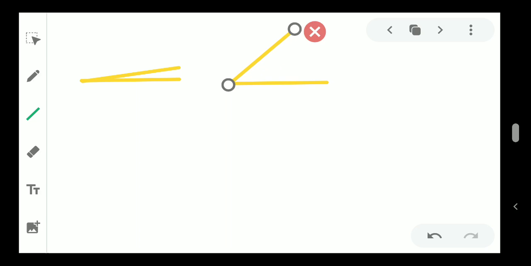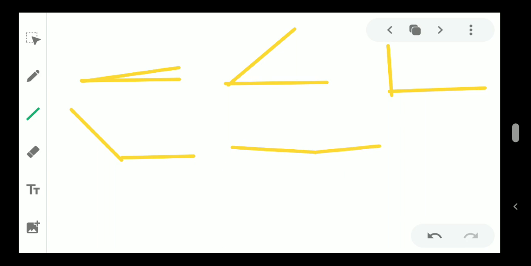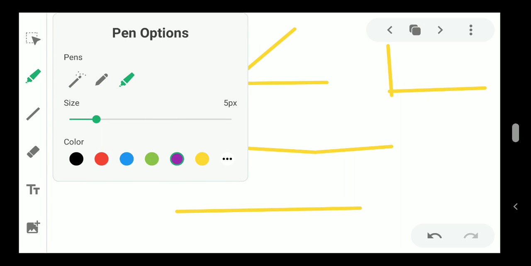Then you have something like this, L. Then you have something like this, and finally you have something like this where two lines are there, but I cannot draw it nicely, so I'm just showing you the intersecting point.